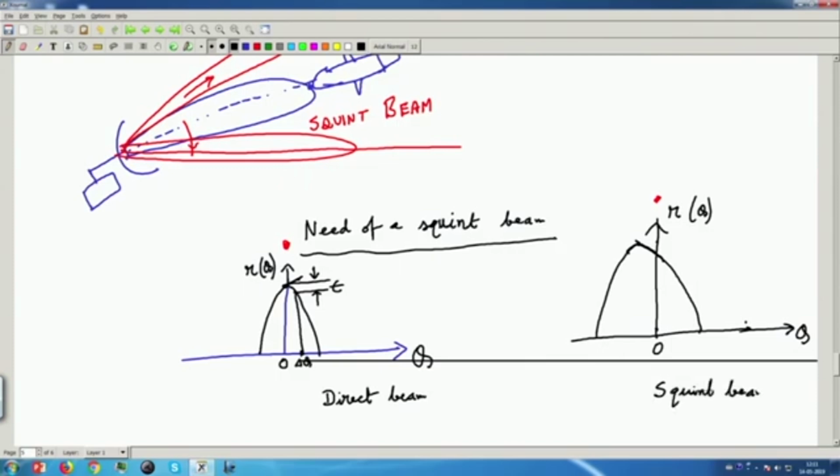Now, here I will have looking at this point and another point delta theta away. So, this is the error signal.